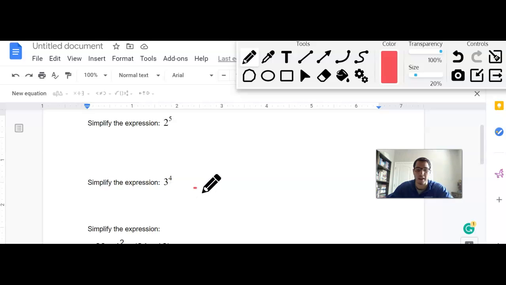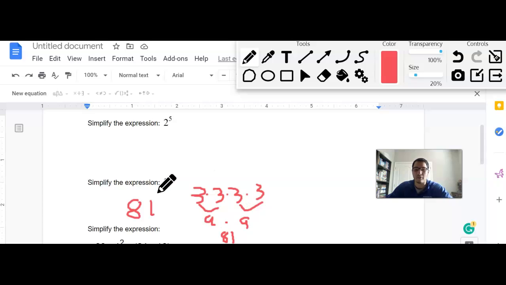Remember, it is the base multiplied by itself, the amount of times that the exponent tells us. So 3 to the power of 4 is 3 times 3 times 3 times 3. 3 times 3 is 9. 3 times 3 is 9. 9 times 9 is 81. So the simplified expression is 81.